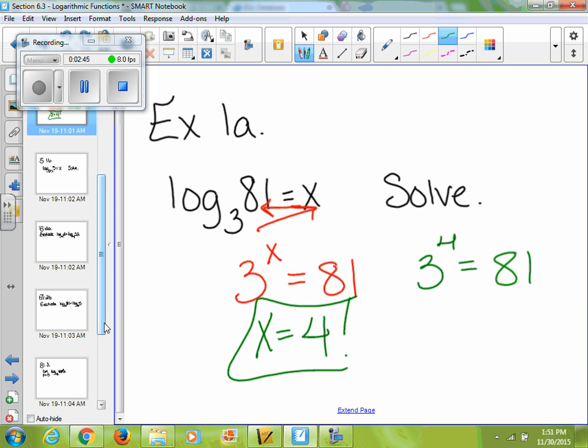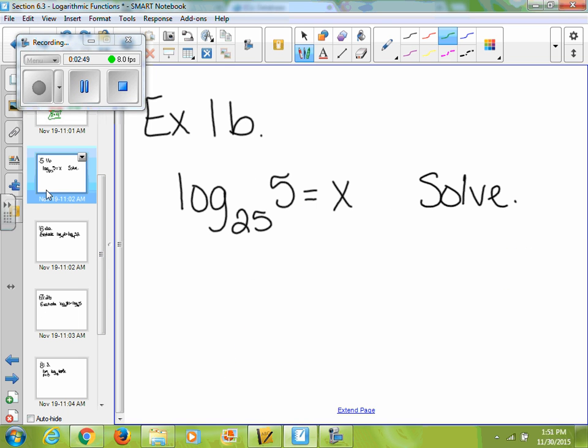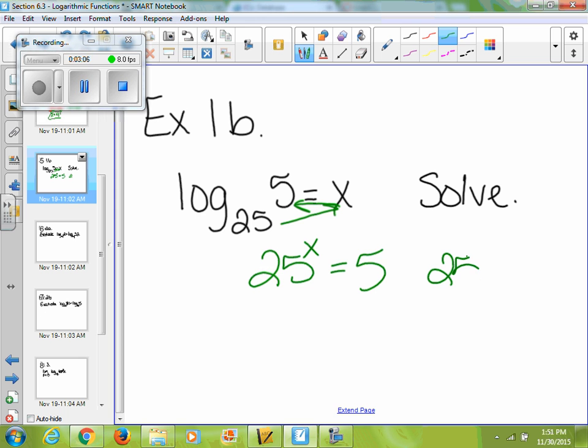Okay, so any questions on 1a? On 1b, I'm given log base 25 of 5 is equal to x, and I'm told to solve that. If I continue in my zigzag pattern, that tells me 25 to the x is equal to 5. So, what would I have to do to 25 to make it be 5?